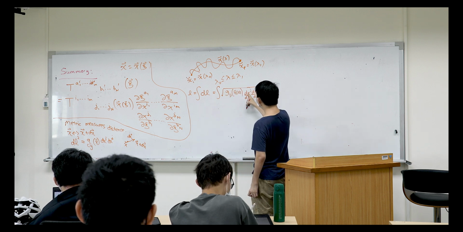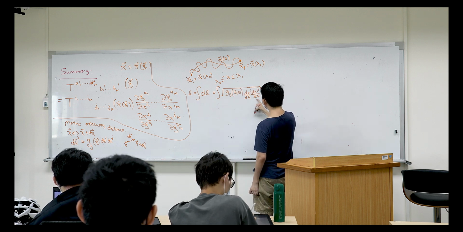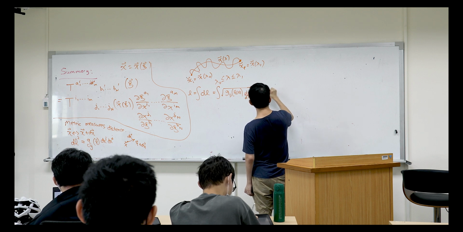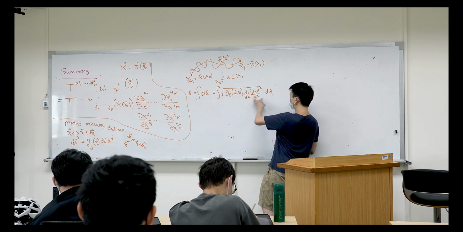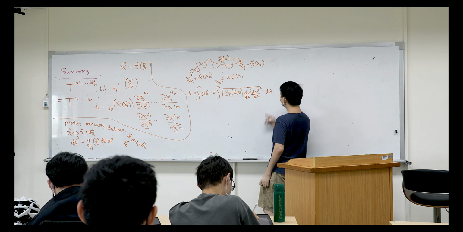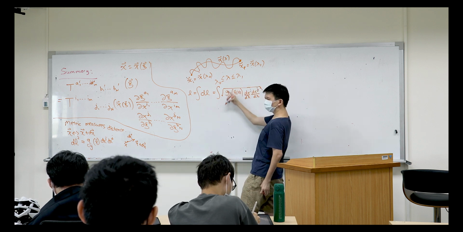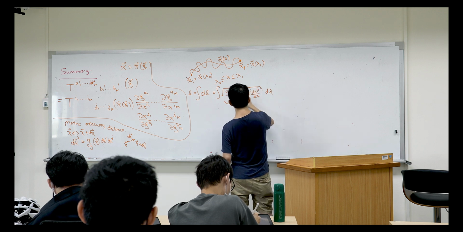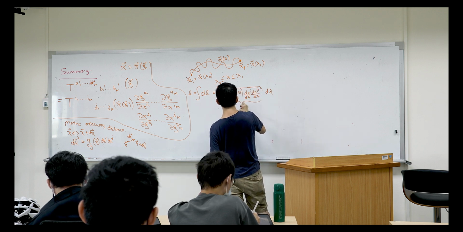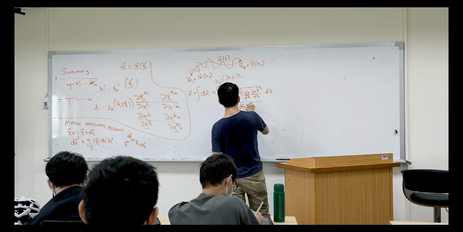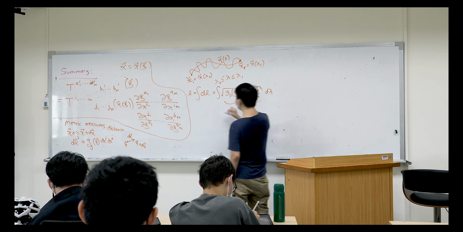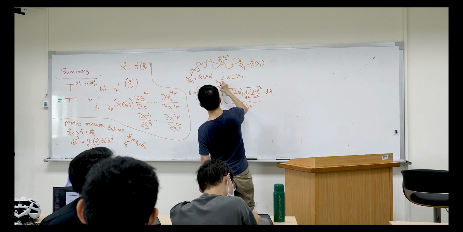So I have dx d of lambda, but because of these d lambdas, I need to put the d lambda outside. And so this guy will be cancelled out by this guy. But now in this form, I have a concrete integrand as a function of lambda that I can integrate from lambda 0 to lambda 1.